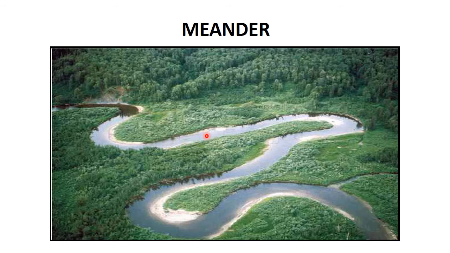So this twisting and bending is called a meander. So we say in the middle course the river tends to meander. And what is a meander? These are the twists and turns of the river into large bends. You can see the large bends here. This is called a meander. So we see the formation of meandering in the middle stage of the river.